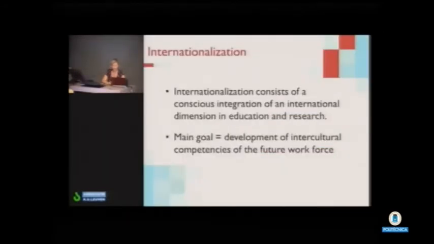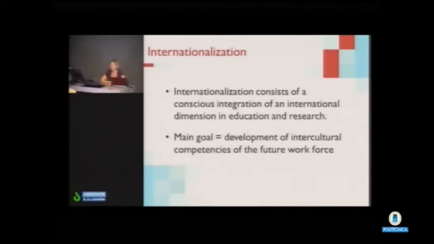I think the broader context for this project, and that is something that all of us have to deal with, is internationalization of higher education. It's one of the key issues in European higher education these days. We define it as a conscious integration of the international dimension in education and research.